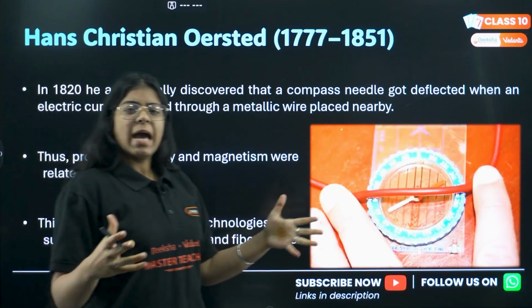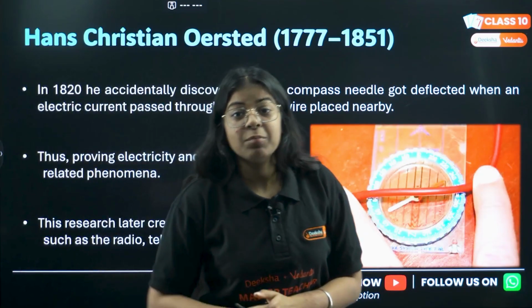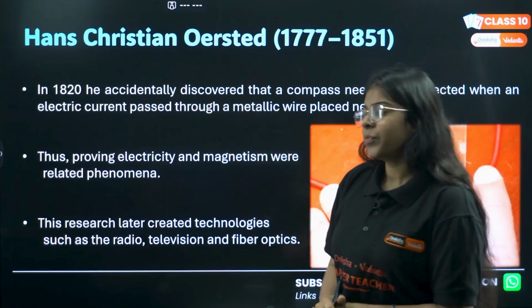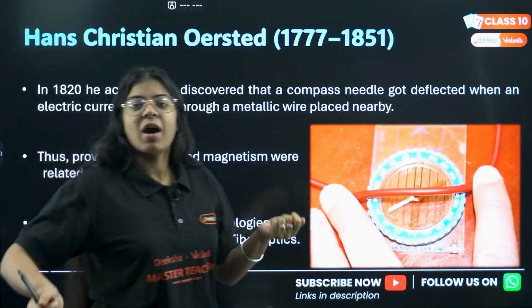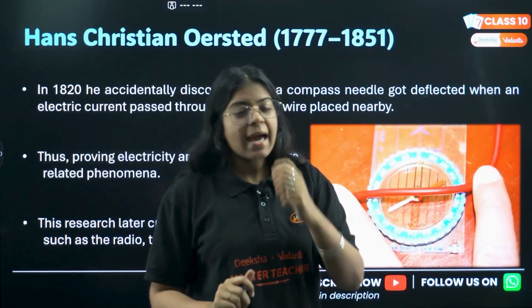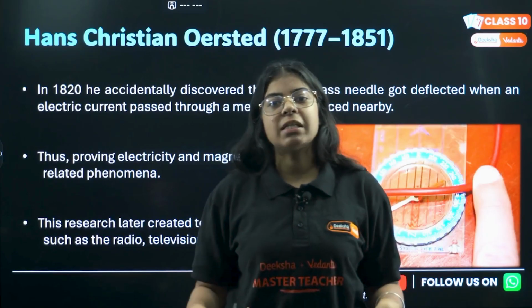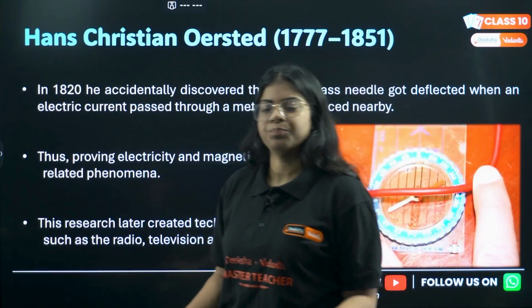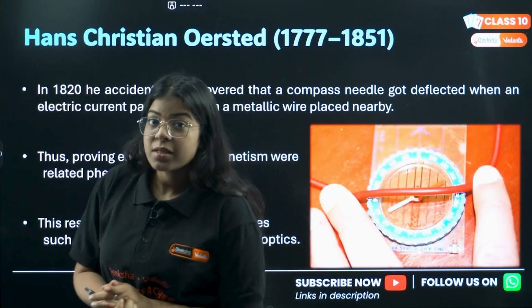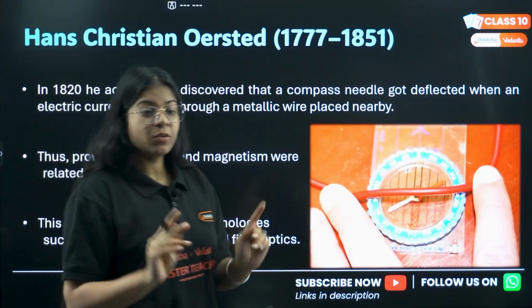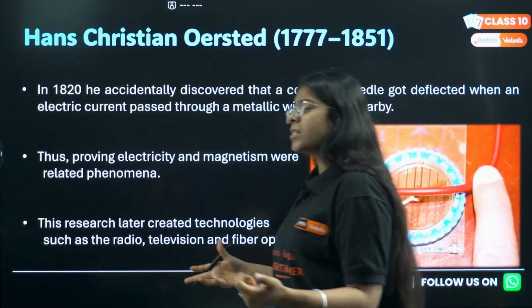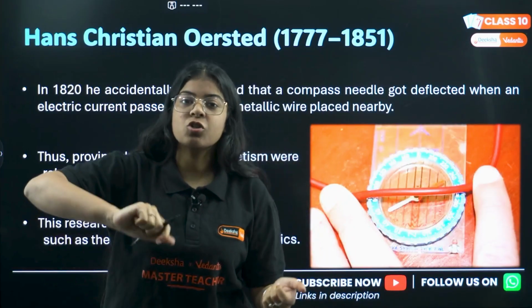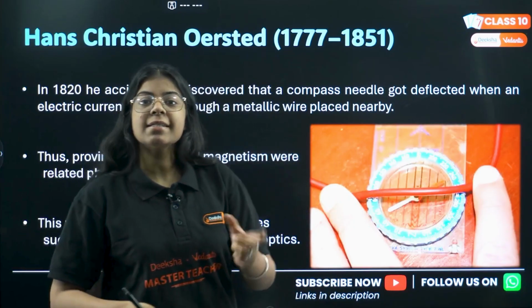The chapter has a very important scientist named Hans Christian Ørsted. He was doing an experiment one day with electric current, with wires and batteries and all, and he accidentally placed his compass needle near that whole setup. Now, what he noticed, by mistake, he was not intentionally placing a compass near an electric wire, was that whenever he switched on the current, the needle got deflected.